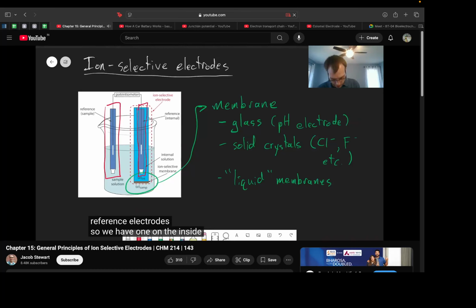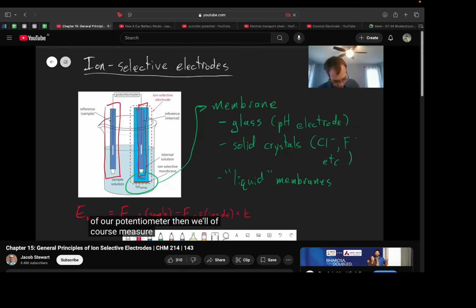So we have one on the inside of the electrode and one on the outside that goes into our sample solution. And the purpose of these is that our measured potential, which we measure on a potentiometer, is going to be the difference between our reference electrode on the sample side minus our reference electrode on the inside of our potentiometer.